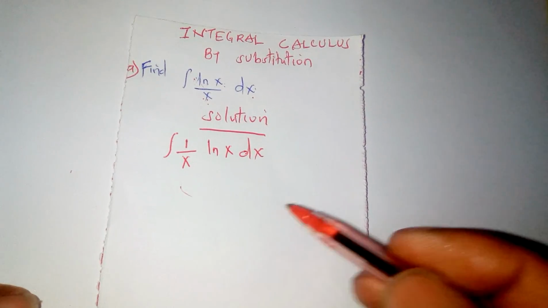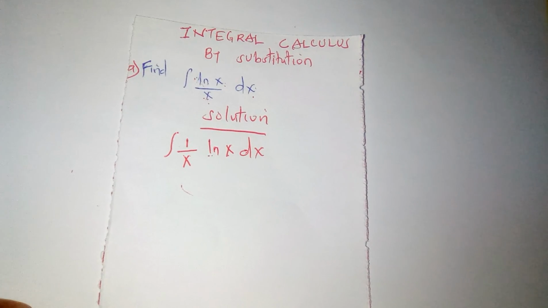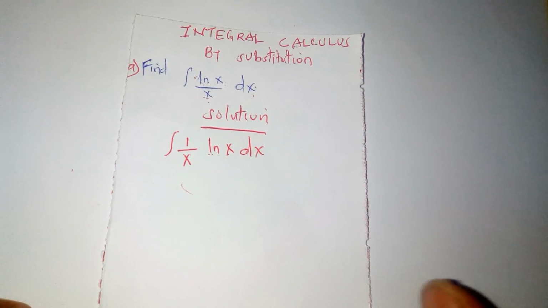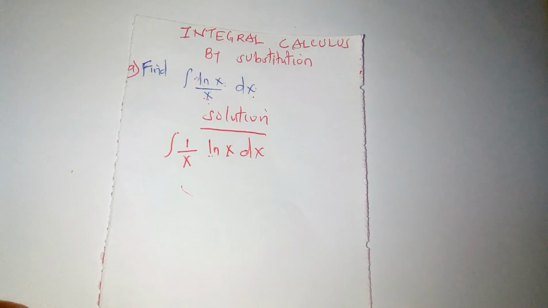After separating them the way I've done, you are now supposed to say that this ln x, it is better to let it be a letter like u, so that the moment you see ln x, you will see that it is u.